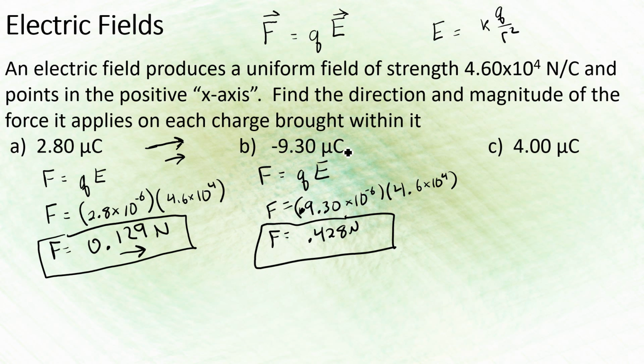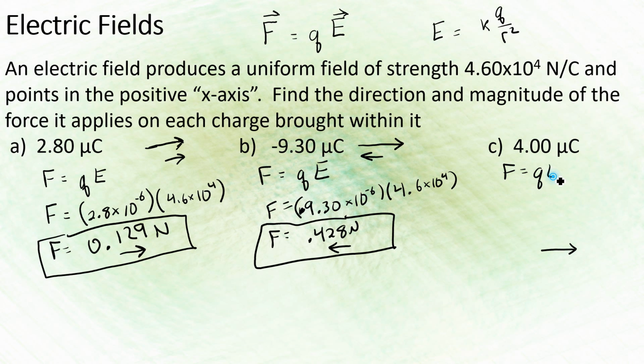Whereas this one, this is a negative charge. So if we have a field that's flowing from positive this way, but we have a negative charge, that actually is going to be attracted to the source. So that is going to be a force to the left towards the source of the charge. Okay, and the last one, we can see it is a positive charge, so we know it is going to go to the right.